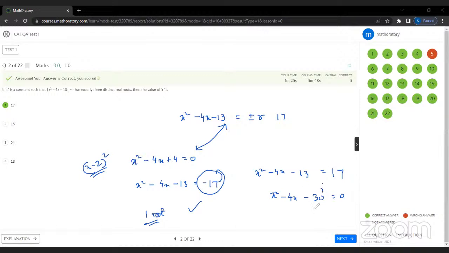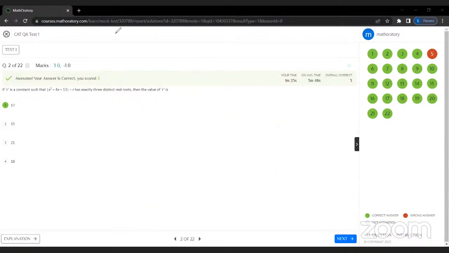If you have the product of the roots as negative, imaginary numbers का कोई sign नहीं होता. So if you have the product of root as negative, that is only possible if you have real roots. One real root positive, another real root negative. So इसमें obviously दो root आएगा. So you'll get two roots here. What are the roots? I don't care. I just need the value of r, and you get one root for this perfect square. So you get three distinct real roots. So that satisfies the condition. So 17 should be the answer. So nice question here.